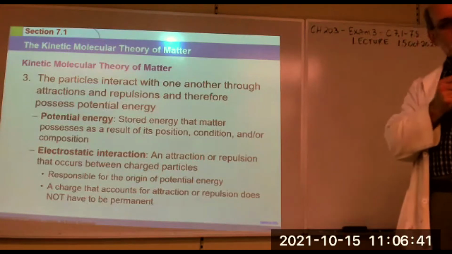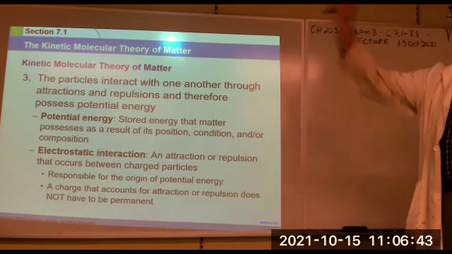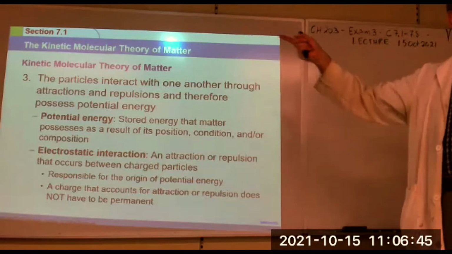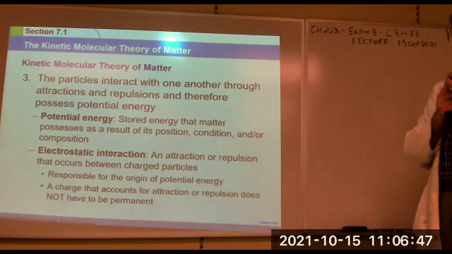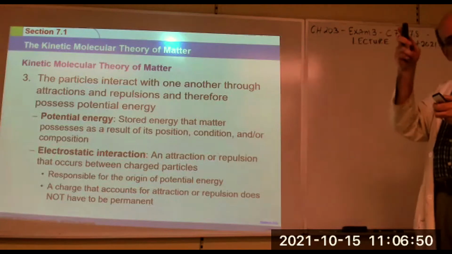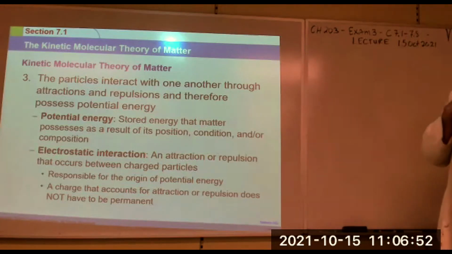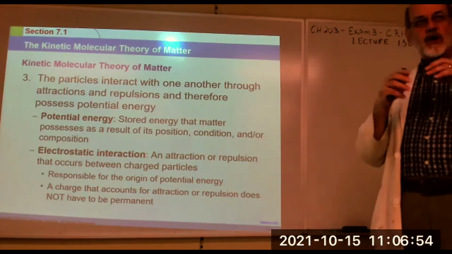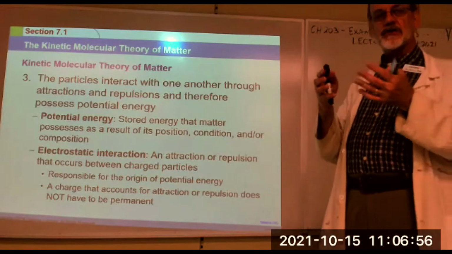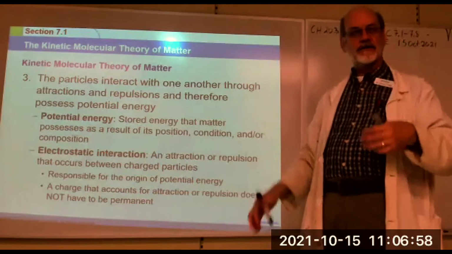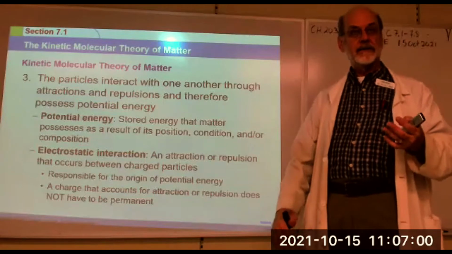Complete charge is when you take an electron and you transfer it from here over there, and it stays there, okay? But that delta, that slight charge, is just a way of expressing partial charge density imbalance in a molecule or a bond.